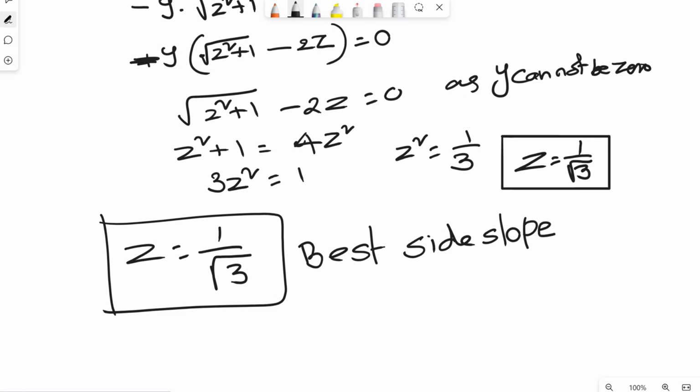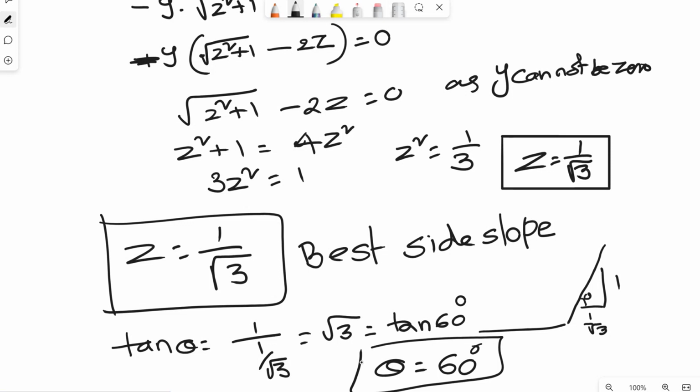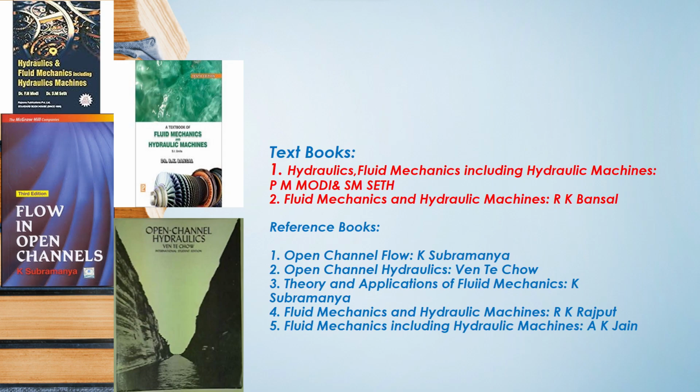How it will look if I take the channel, for example, this is how I am taking: it is 1 and z will be 1 by root 3. If I take this as theta, tan theta is equal to 1 by (1 by root 3), which is root 3, equal to tan 60 degrees, so theta is equal to 60 degrees. So this is as far as the trapezoidal section is concerned.